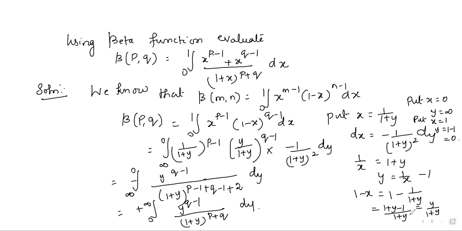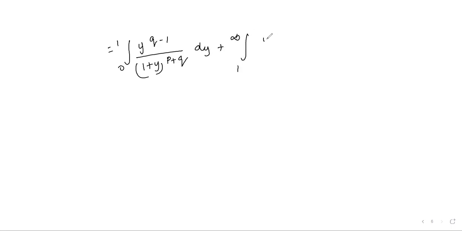So I'm going to write this as equal to integral 0 to 1 y power q minus 1 divided by (1 plus y) whole power p plus q dy plus integral 1 to infinity y power q minus 1 divided by (1 plus y) whole power p plus q dy.